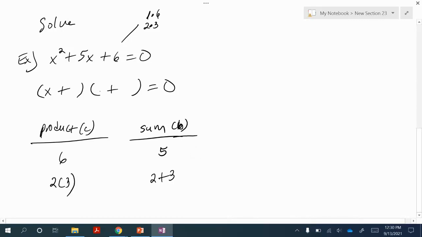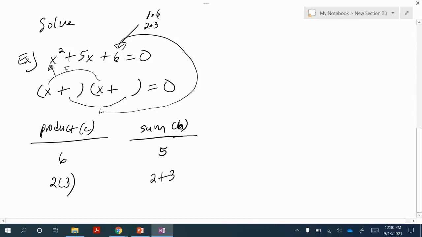So I'm going to place x in the front of both of my sets of parentheses, because when I multiply my first terms, I should get the first term in my trinomial. Whatever I put for my last terms, I should be able to multiply to get the last term in our trinomial.